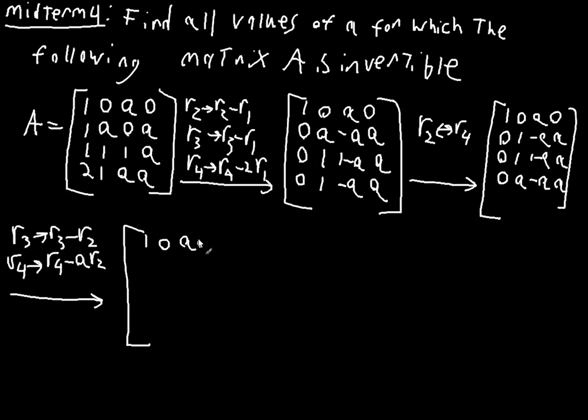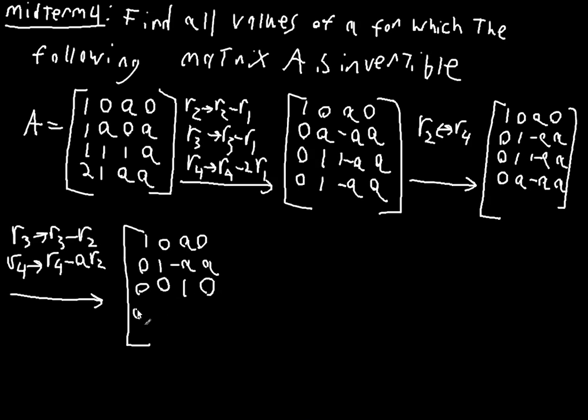So this first row is easy, and the second row is also easy. 1 minus A. This guy, all right, we're going to have a 0 here. And now if we do minus 1 times this row plus this row, we're going to get an A plus 1 minus A, so it's going to cancel off and just give us a 1. And then here, when I do minus 1 times this row plus this row, I'm going to get minus A plus A. That's 0. So this third row here is really nice.